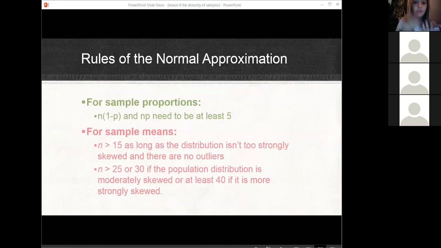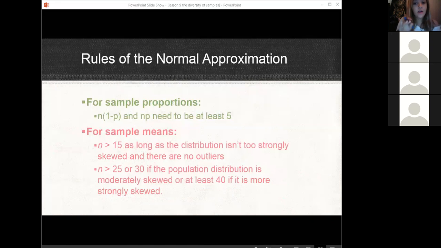So if you do have a skewed population initially, you want to make sure that you understand that it's going to be a little bit harder to get a normal approximation for your sample because your population is already skewed. So if your original population is approximately normal, then it's going to make more sense that your sampling distribution is going to be more normal, most likely.